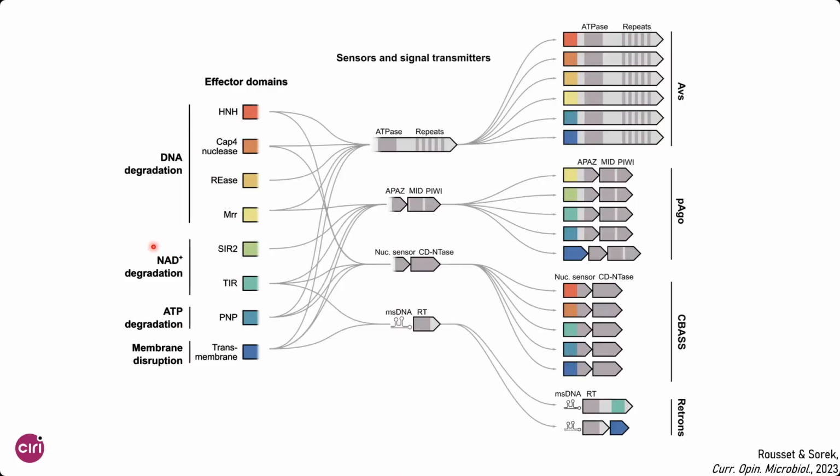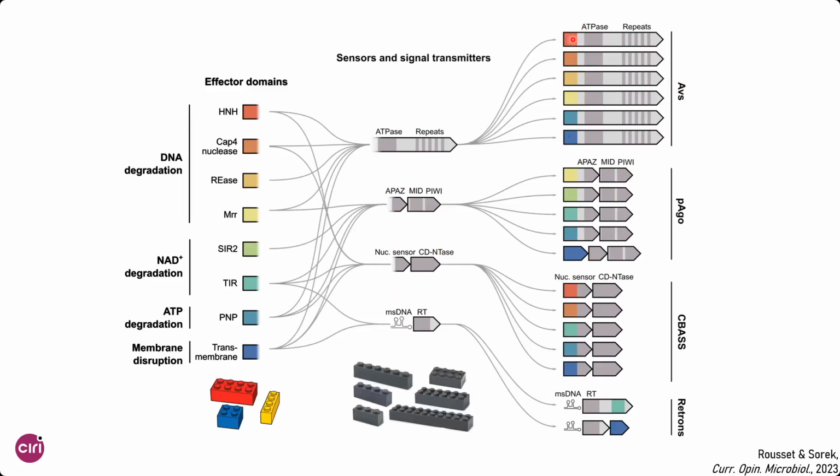And then conversely, there's also a defined set of protein modules that act as sensors. And then there's a huge rate of recombination between these effectors and these sensors. Typically, a given family of defense systems can accommodate multiple types of effectors, and conversely, a type of effector can be found across very different families of defense systems. So these kind of behave like Lego bricks.